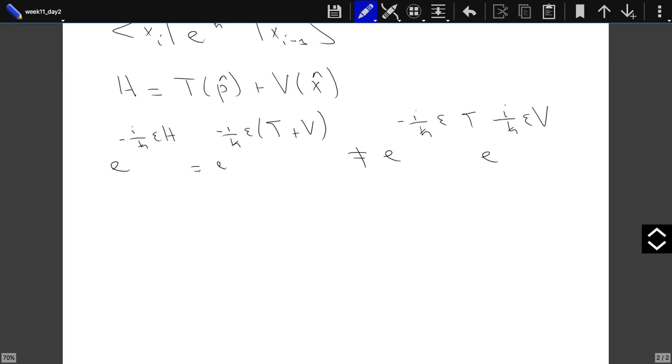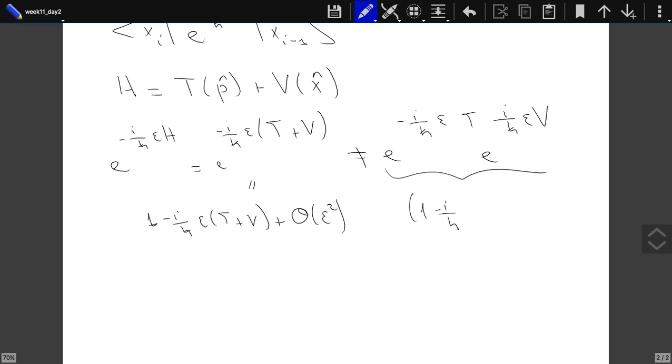But what we can do is compare the left-hand side and the right-hand side. The left-hand side is 1 minus i over h bar epsilon (T plus V) plus terms of the order of epsilon squared. If you expand the right-hand side, it is 1 minus i over h bar epsilon T, times 1 minus i over h bar epsilon V, plus terms of the order of epsilon squared.